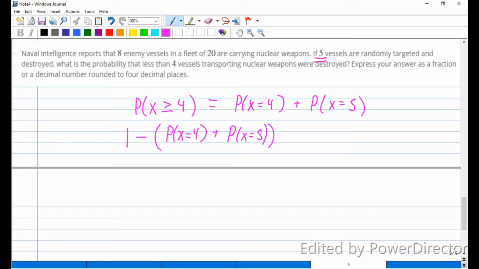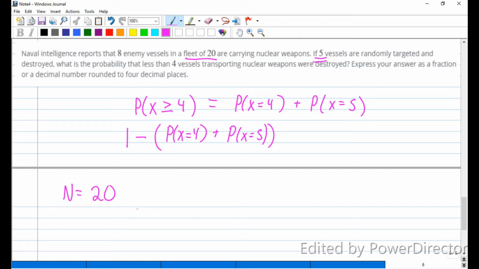So we need to figure out the total number of successes possible in the population, the size of the total population, and the size of the sample drawn. All right. What is the total population? How many total ships are there? 20. That's the entire population.